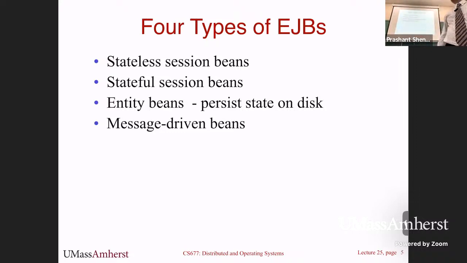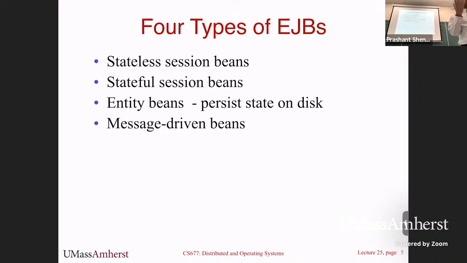Entity bean, which is really the more fundamental part of EJBs, is essentially a persistent object. Here, the object has state, and furthermore, that state is stored on disk. So you can think of an object that has all kinds of state in it. Maybe there are records, there are variables. All of that is actually stored on disk.